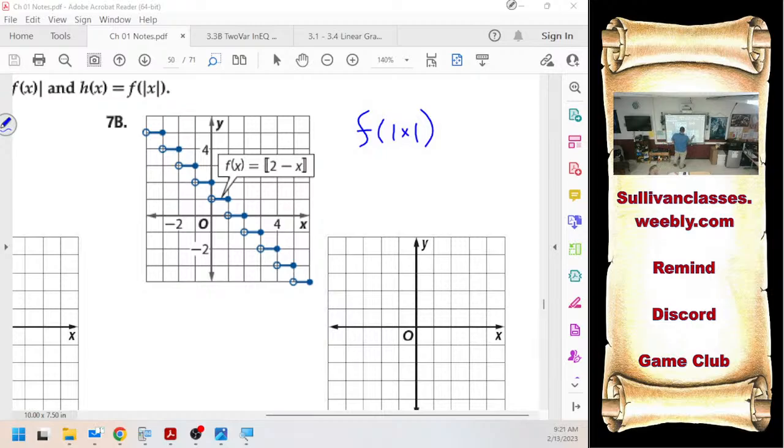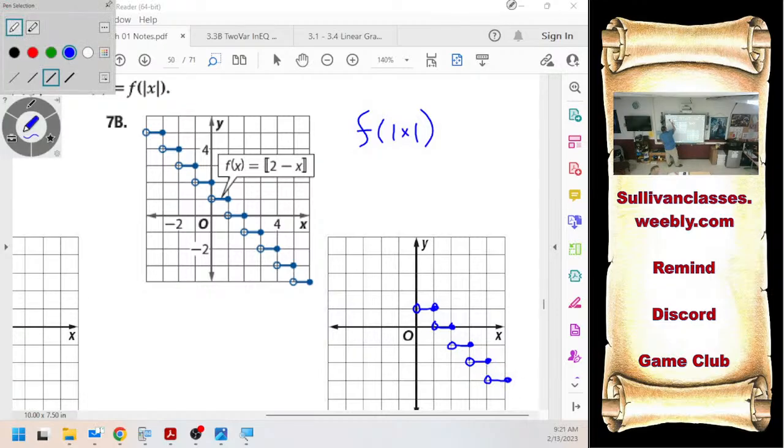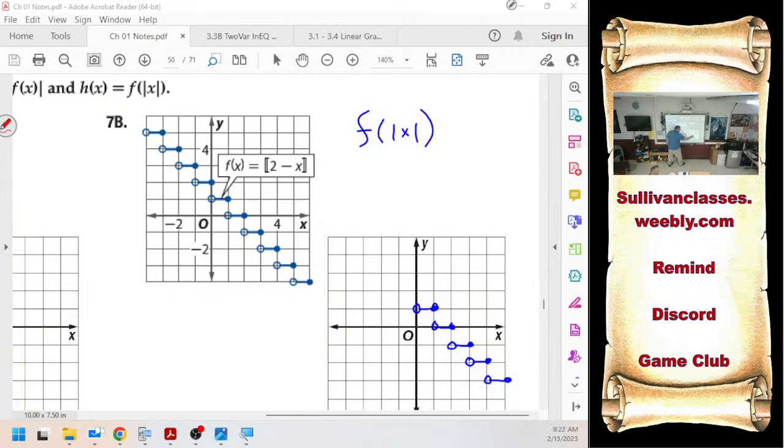So what's that at? 1? Yeah, okay. Dot, circle, dot, circle, dot, circle, dot, circle, dot. So if I reflect those, that means I still have open circle over to dot. Open circle over to dot. The closed circles are always the furthest part away because I'm reflecting it.